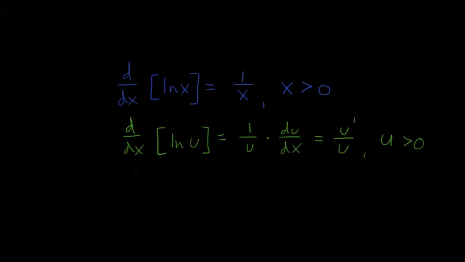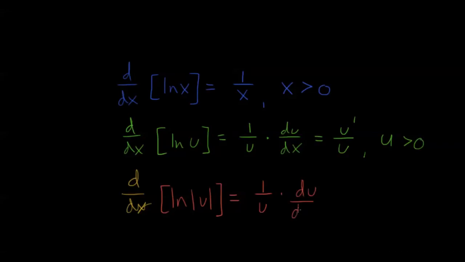Finally, the derivative of the natural log of the absolute value of u is equal to 1 over u times the derivative of u with respect to x, which is the same as we had for the natural log of u.